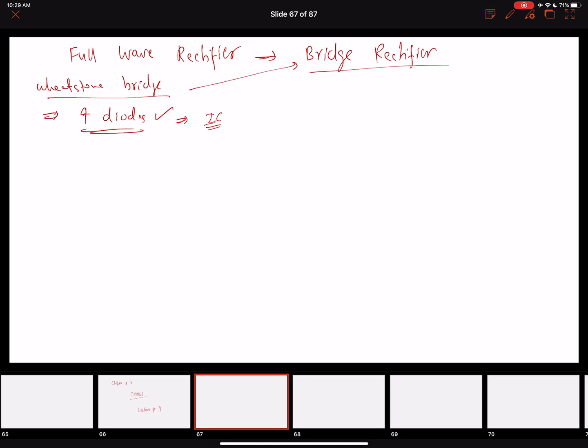Okay, so let me draw the bridge rectifier circuit so we can start discussing how it actually rectifies, right? Okay, so this is our transformer.